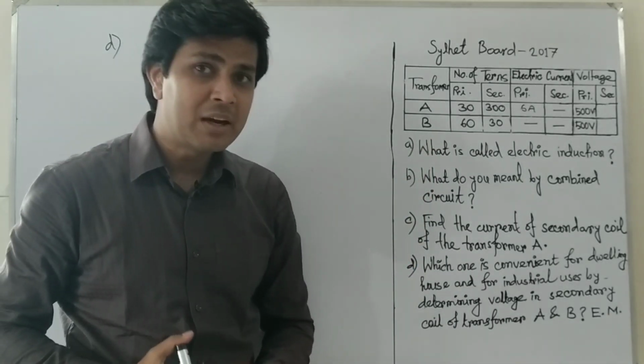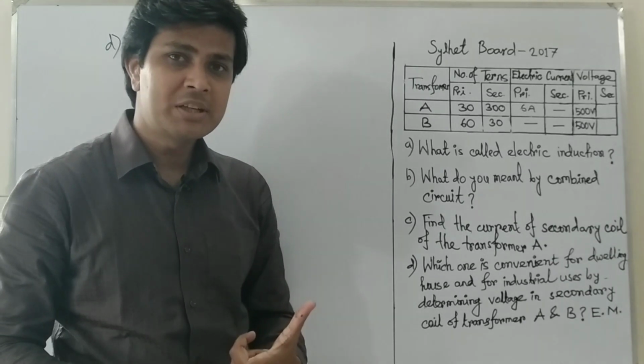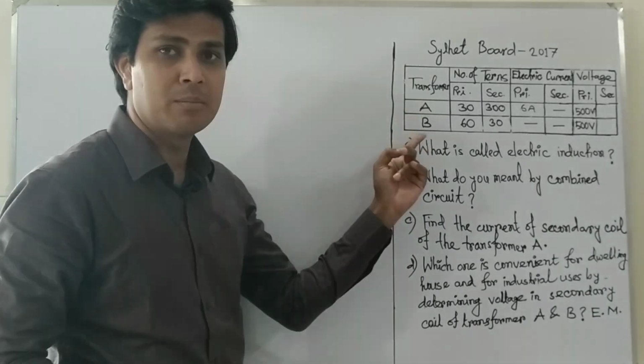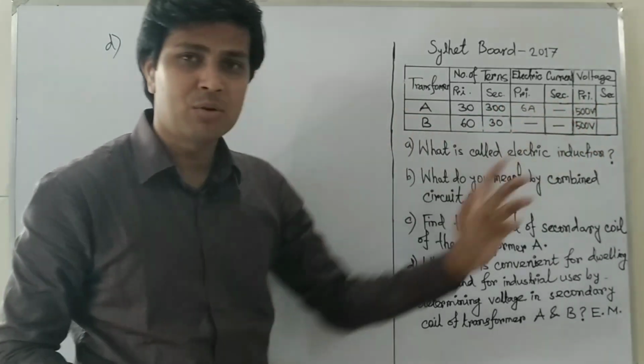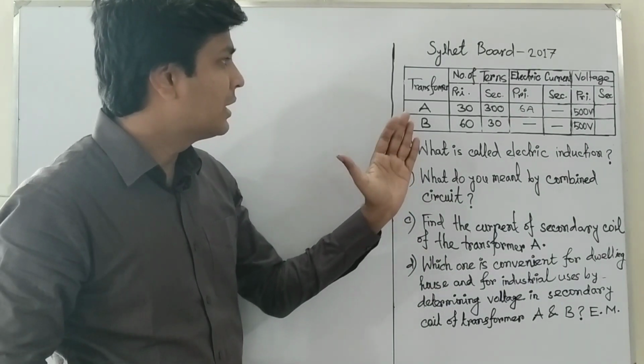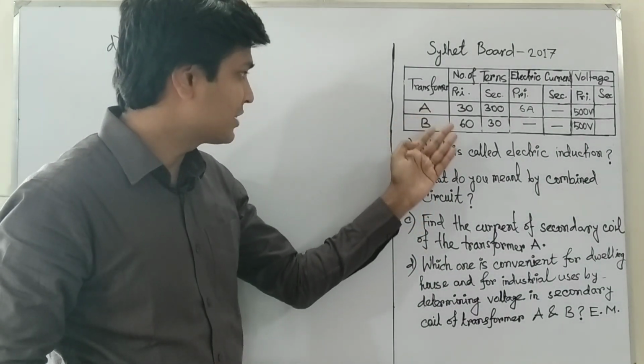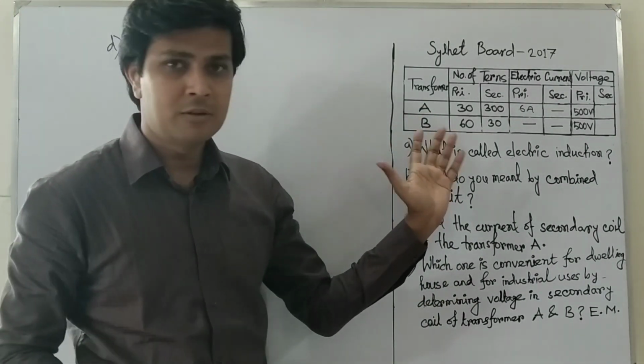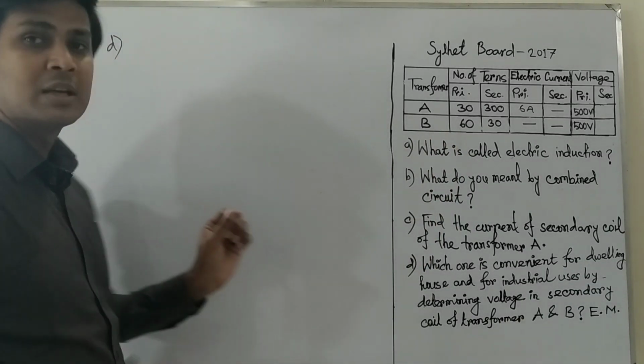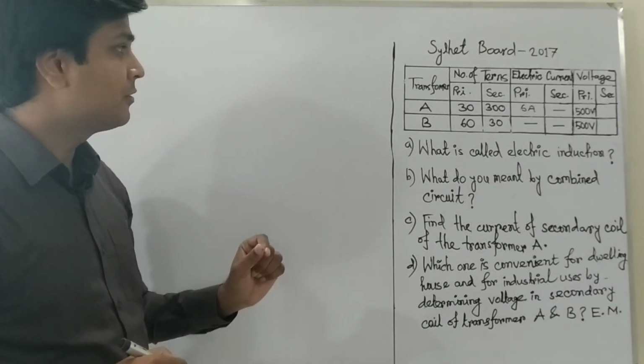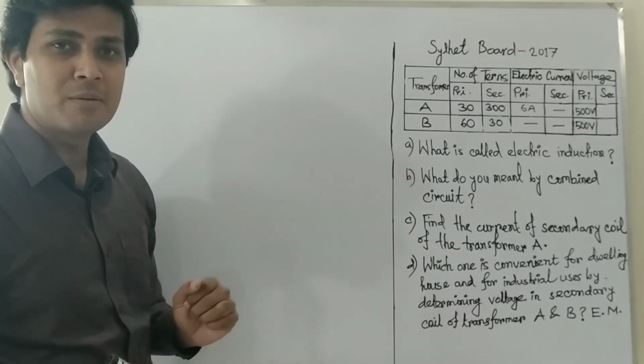That means we have to calculate the voltage of secondary coil for both transformers. And you can see here the voltage of secondary coil of both transformers are not given. So let us calculate the voltage of secondary coil of transformer A.